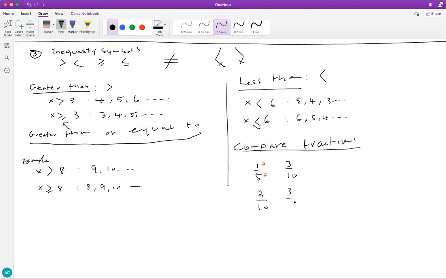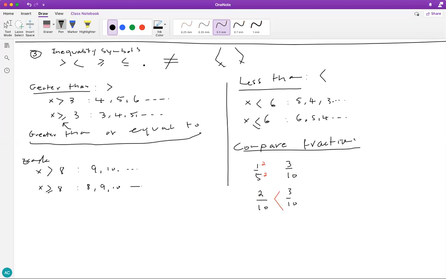Now that we have the same denominator, we can tell which one is less than what. So 2 over 10 is what compared to 3 over 10? Less than. That's right, because 2 is less than 3, so we can say less than. But don't do that until you make the denominator the same. So that's the key when comparing fractions.